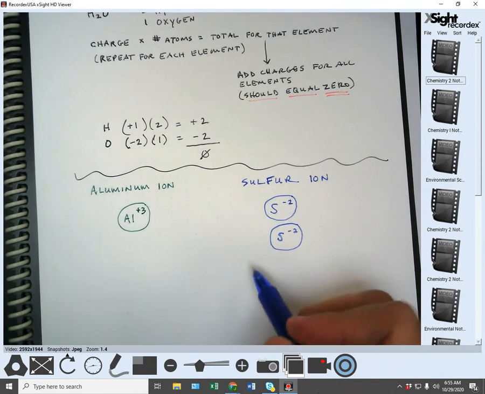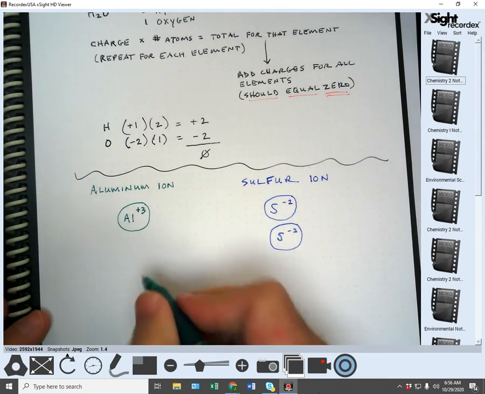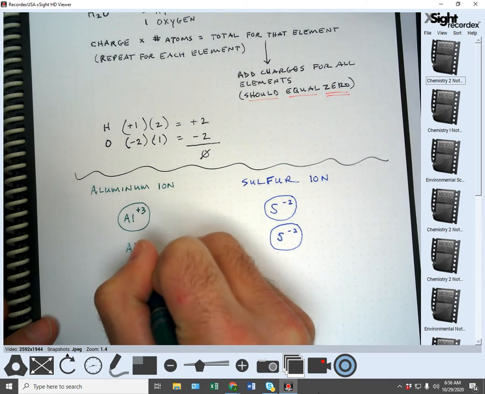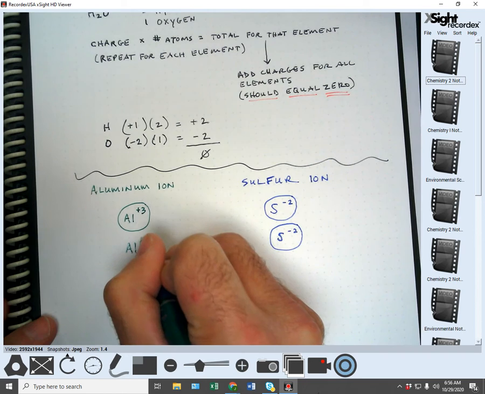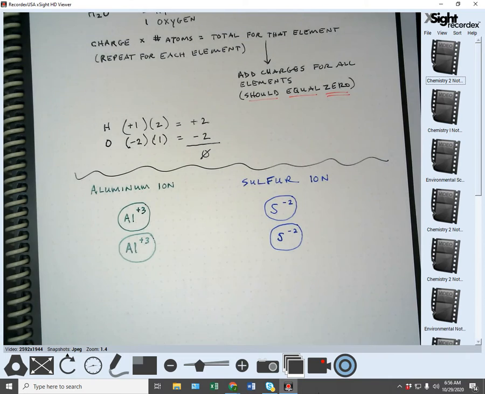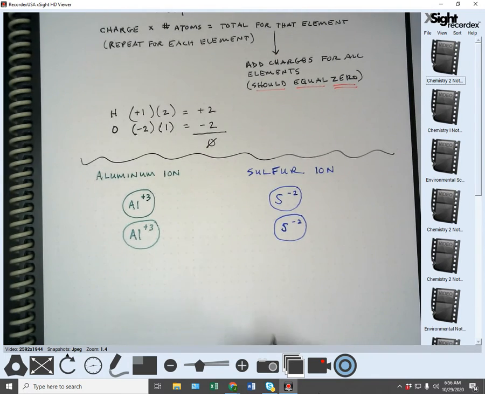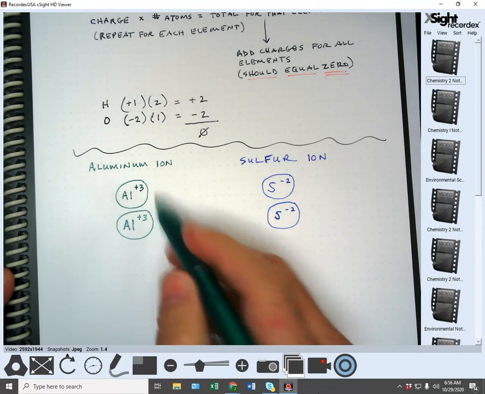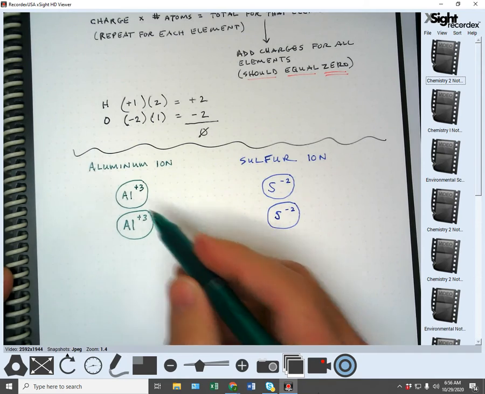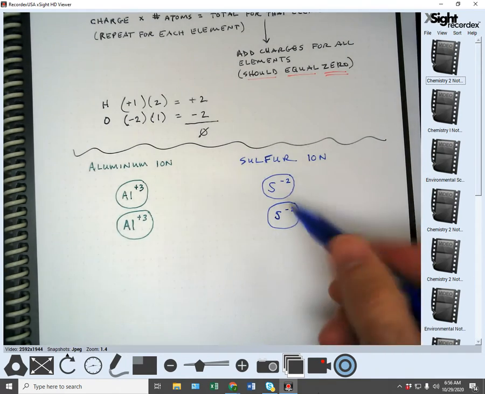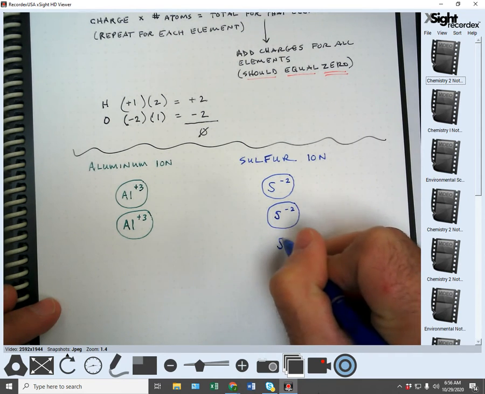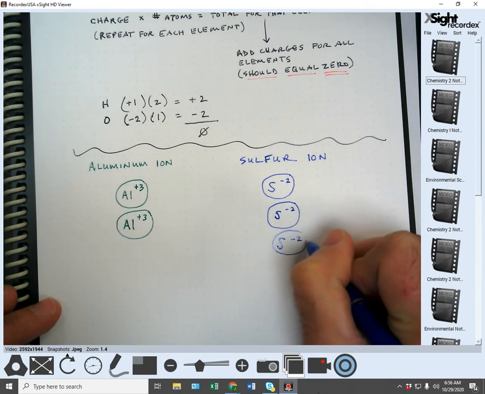It hasn't balanced yet. Okay, so we're going to go over to aluminum, and I'm going to add in aluminum. Aluminum is a +3. Okay, now with that, we've got a total of +6 over here for our positives for aluminum, right? Well, our sulfur is only at -2, so we're going to add another sulfur to try to balance. Okay.